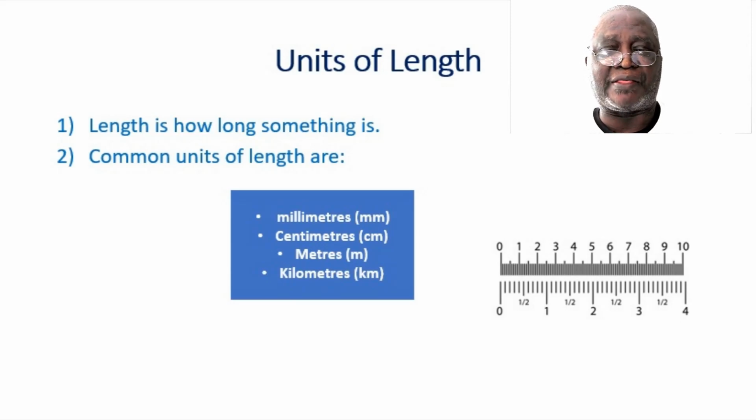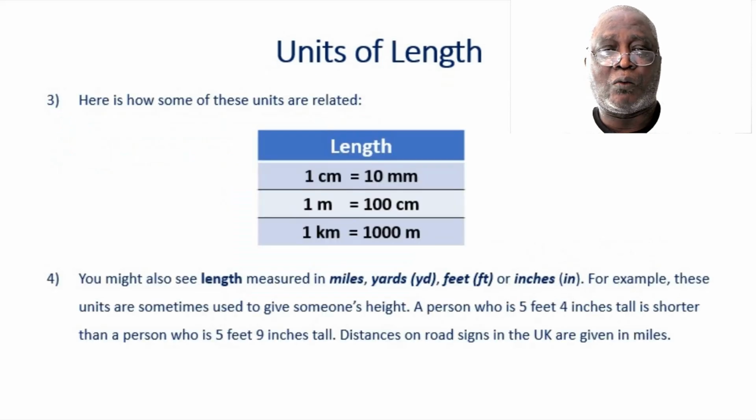Let's see what the relationship is. 1 centimeter is equal to 10 millimeters. 1 meter is equivalent to 100 centimeters, and 1 kilometer is equivalent to 1,000 meters.